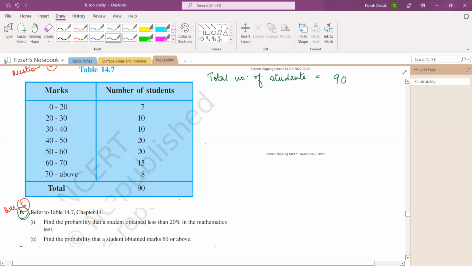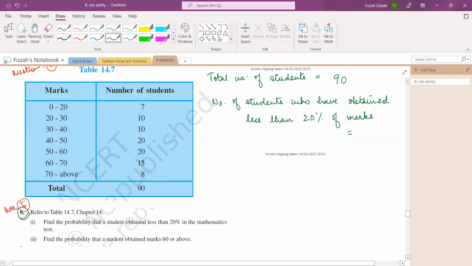Okay. Now, number of students who have obtained less than 20% of marks. Yes, how many students are there? 7. 7.